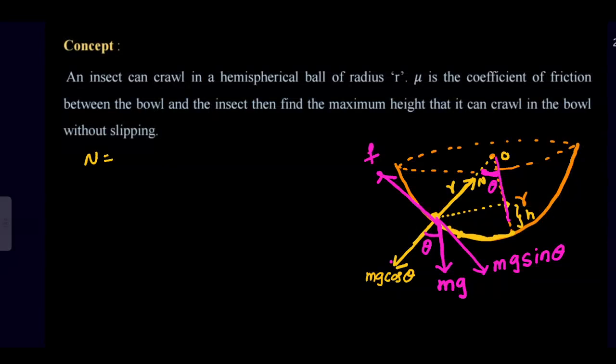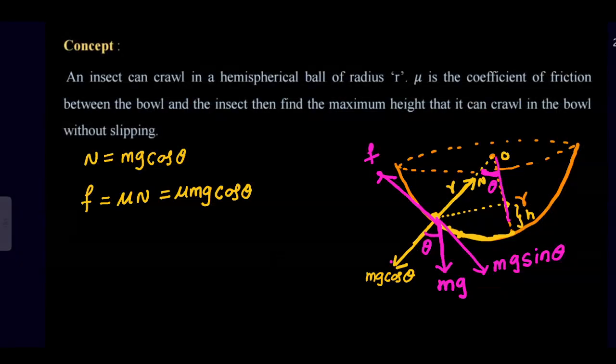Normal reaction N is equal to mg cos theta. N is in the upward direction, normal to the surface along the radius. So the frictional force is mu into N, which is equal to mu mg cos theta.